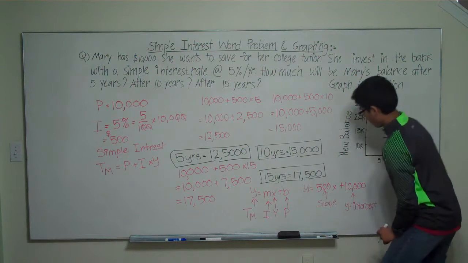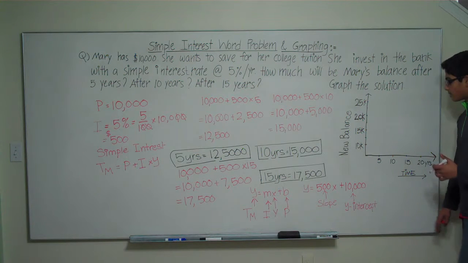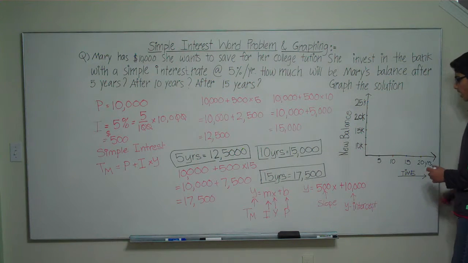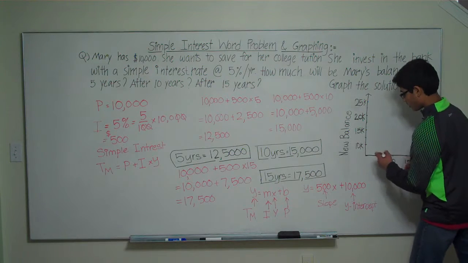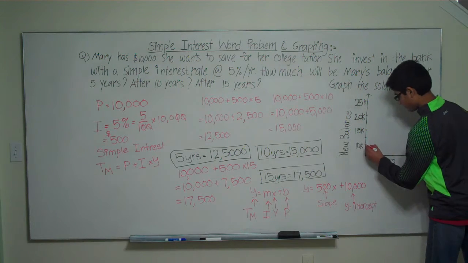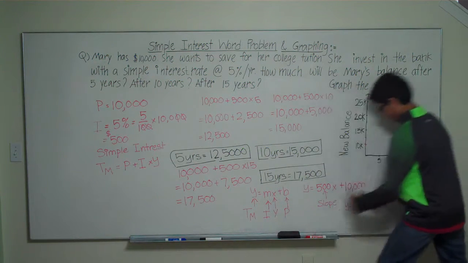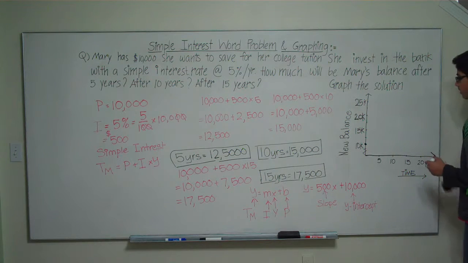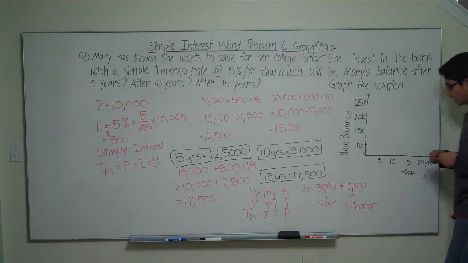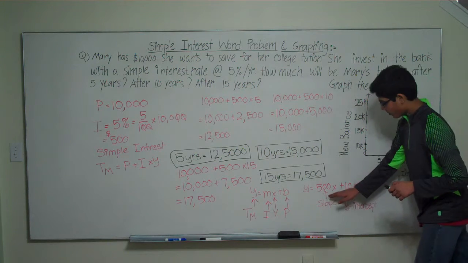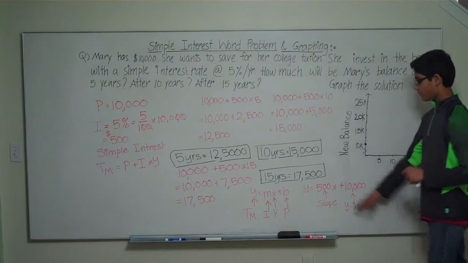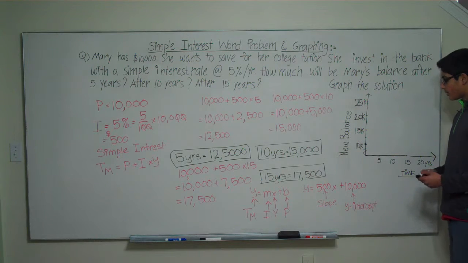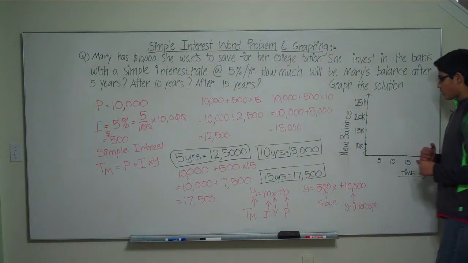So, our first point is the y-intercept, which is $10,000. So it's right here. Let's use black. $10,000. So, after that we have the slope, which is 500. So every year we get $500 more.